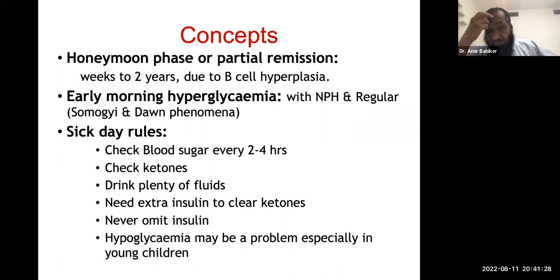But most of these patients are stressed and have a lot of cortisol on board, and cortisol is a hyperglycemic hormone, so it needs to be counteracted even if the patient doesn't eat. So you may end up needing extra insulin, or at least the usual dose of insulin frequently. Don't get into the habit of omitting insulin unless you observe hypoglycemia. If you are not able to get on top of things, then you need to come to the hospital.